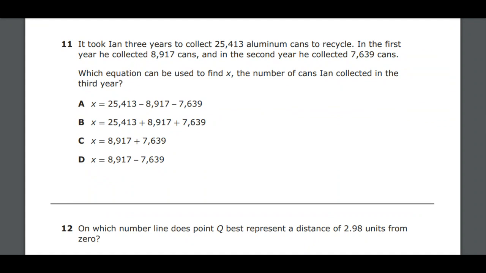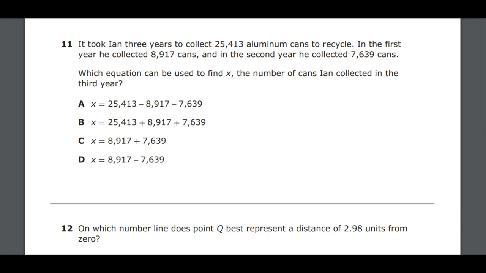11. It took Ian 3 years to collect 25,413 aluminum cans to recycle. In the first year, he collected 8,917 cans. And in the second year, he collected 7,396 cans.